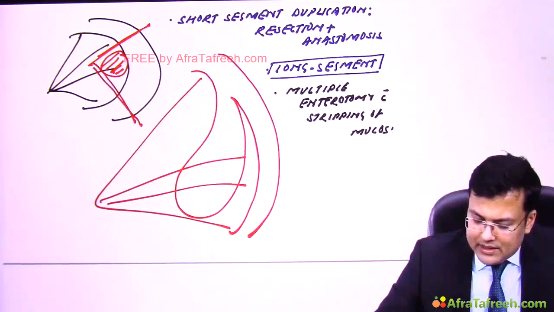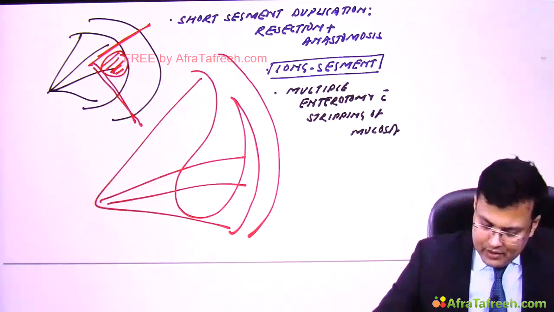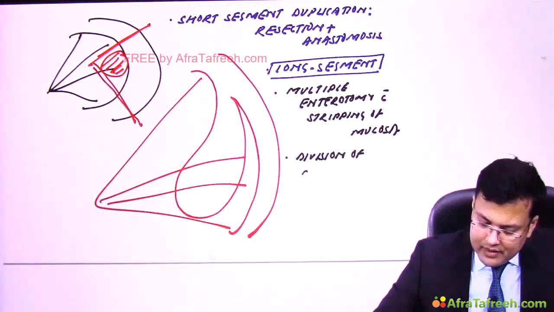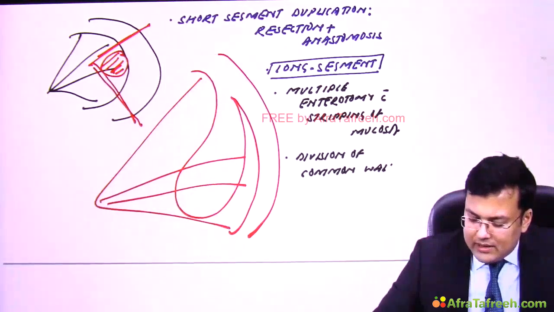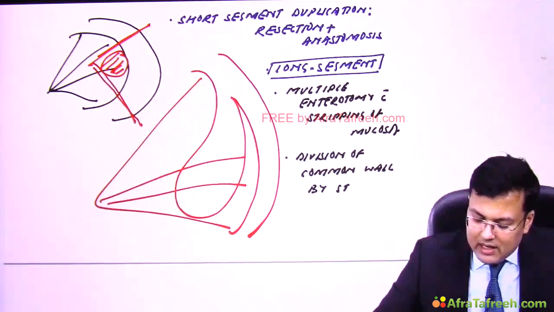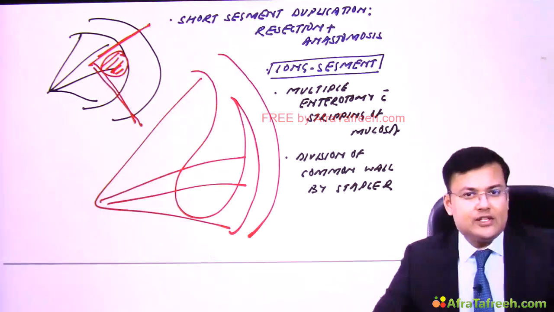And the second option is that we are going to divide the wall by stapler, so division of the common wall by stapler. Clear? So this is how we manage the patients of duplication cyst.